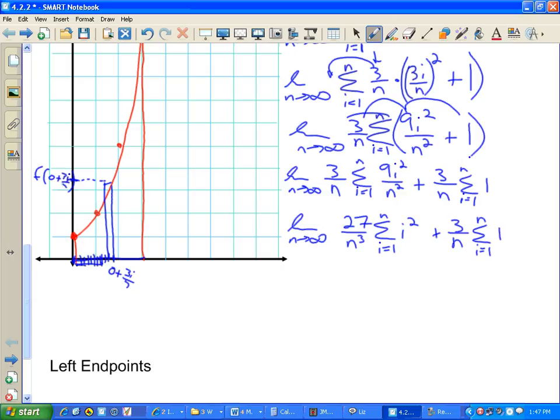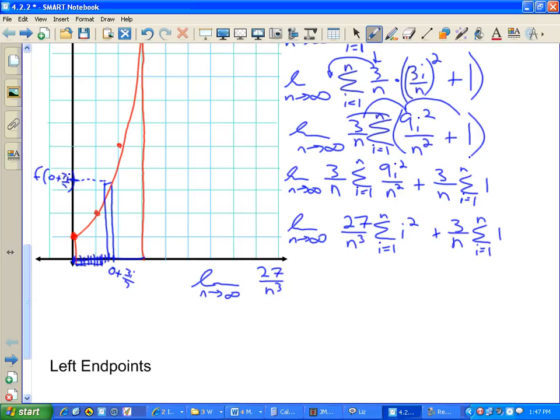Now we're going to use our summation rules to change these sums into expressions with n in them instead of i's. So I've got, give myself a little more room here, the limit as n approaches infinity. Okay, I'm going to have the 27 over n cubed.